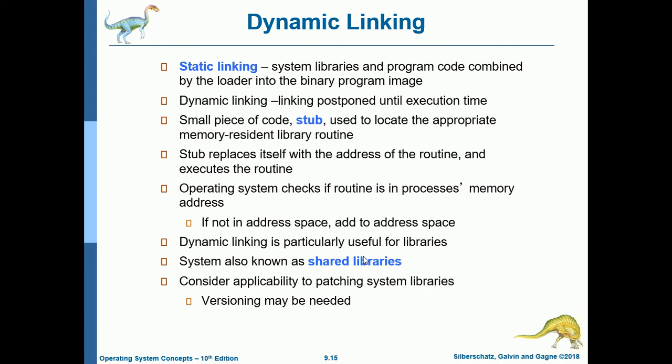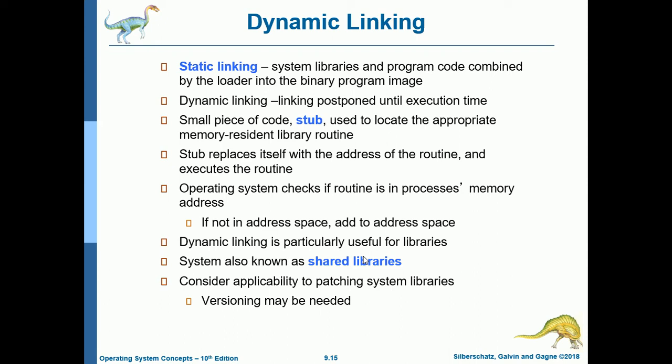And the OS can help by providing libraries to implement dynamic loading. Next we have dynamic linking. We have the term static linking: system libraries and program code combined by the loader into the binary program image. Besides static linking, we also have dynamic linking, where linking is postponed until execution time. A small piece of code, or stub, is used to locate the appropriate memory-resident library routine.